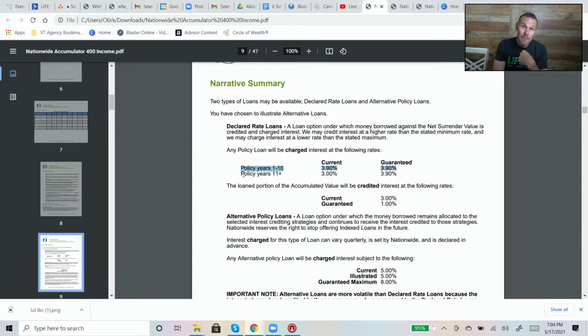They illustrate, and it makes it look really beneficial when they run these illustrations, because year 11 plus, which is typically when the loans are coming out of these policies, and that's why they illustrate it like this. Year 11 plus, the current rate, because that's what's illustrated, is the current rate of 3%, but the guarantee is 3.9%. And guess what? I promise you, by year 11, this is going to be 3.9%. I've never seen it not be at this rate of 3.9%. It's what it's doing now.